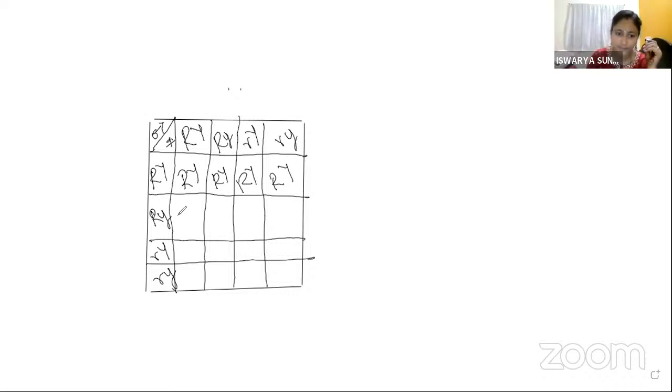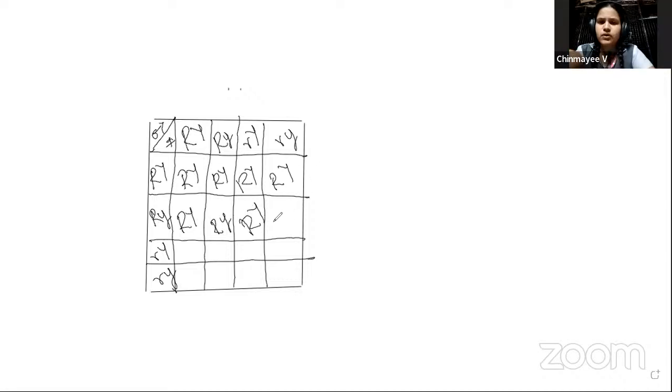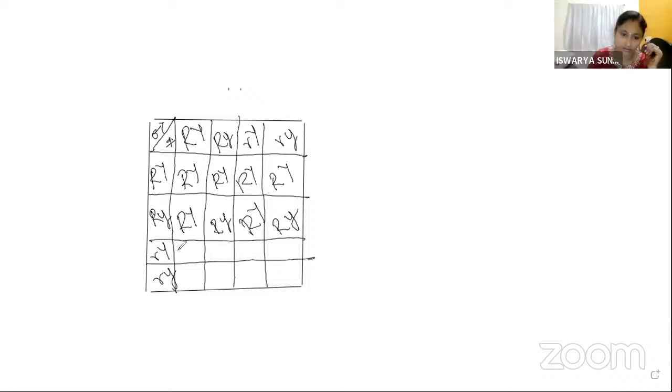This one, round yellow. This one, round green. This one, round yellow. This one, round green. This one, round yellow. This one, round yellow.